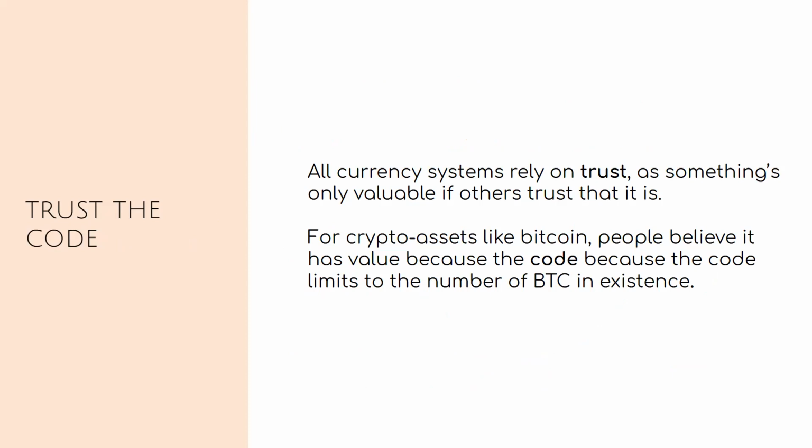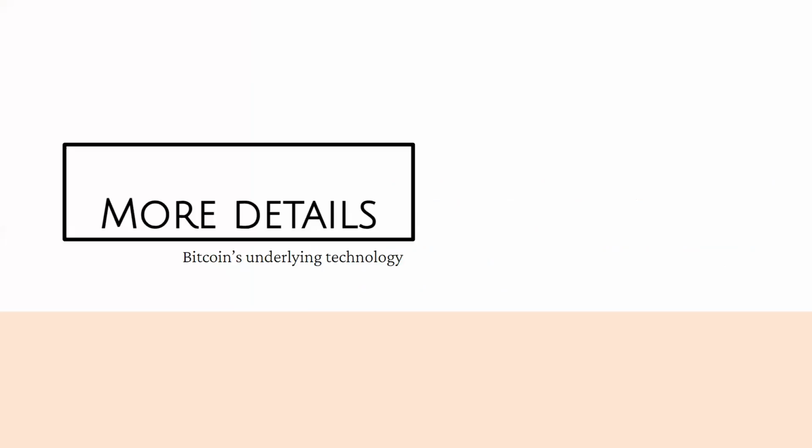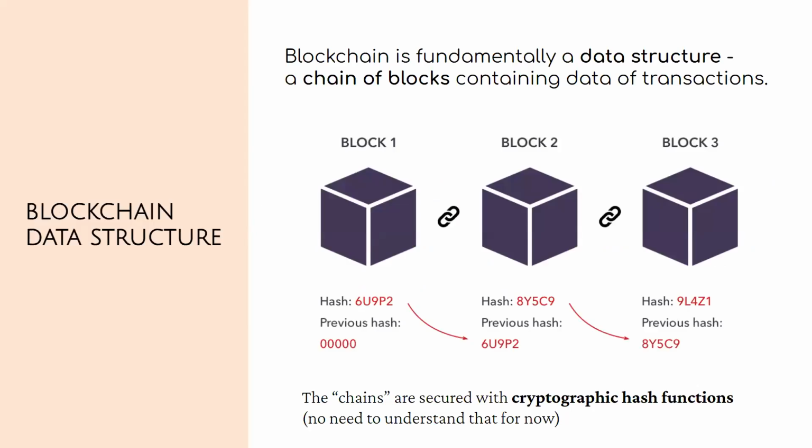In a crypto asset, what people believe in and trust in is the code, because for Bitcoin, the code limits how much of it can exist. That's what creates value. In a fiat currency, trust is built through the central banks, etc. So this is a quick overview of the underlying technology for Bitcoin, which is called UTXO.